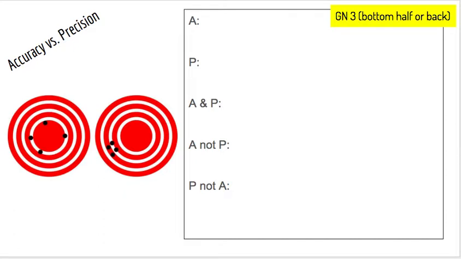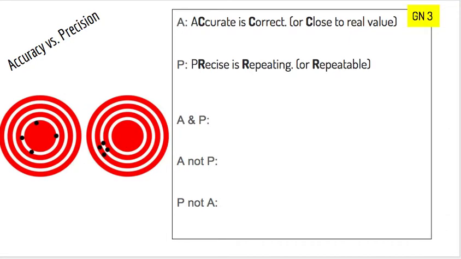And talk about accuracy and precision. So this you'll record on the bottom half of GN3 or on the back. You do not have a paste-in page, so do your best to draw these 2 dartboards. We have dartboard A and dartboard B. So go ahead and fill in the definitions of accuracy and precision.